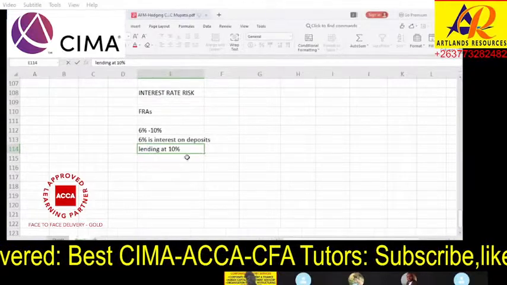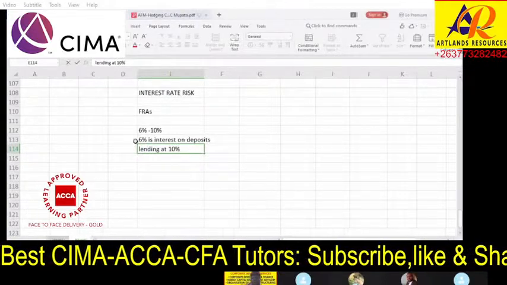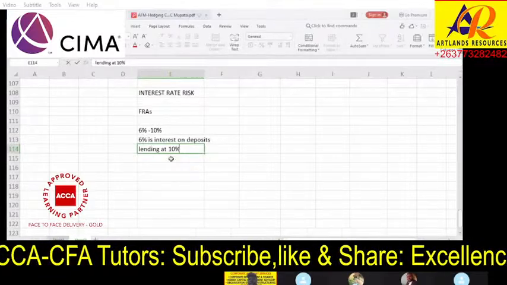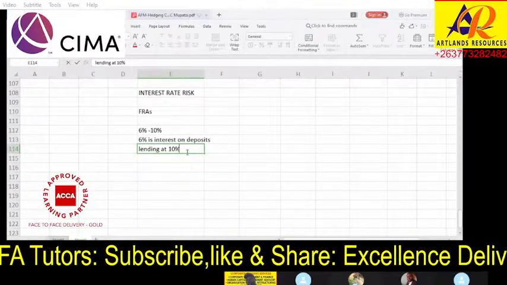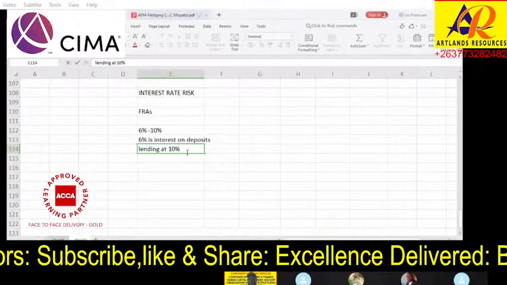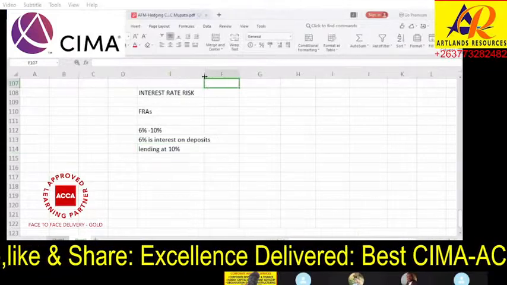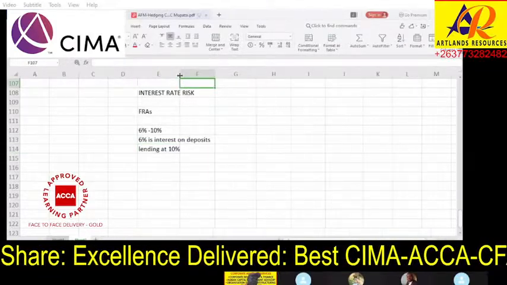So if you deposit money in a bank, it gives you interest of 6%. If it is lending, it charges you 10%. This is important because when you are a borrower and interest rates are quoted like this, you need to know which rate we are talking about.